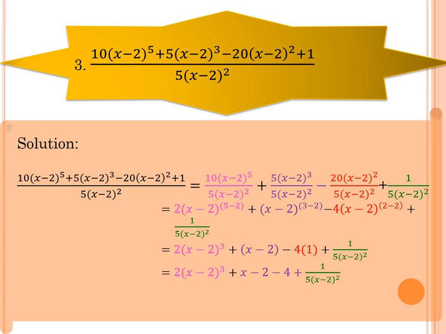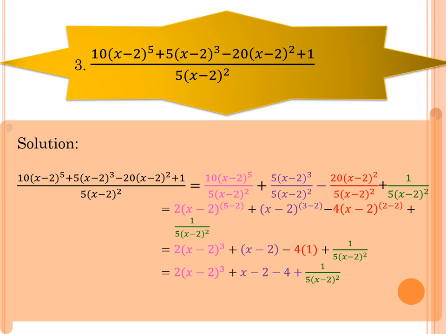For the next step, we're going to simplify this expression. So we will have 2 quantity x minus 2 to the power of 3 plus x minus 2 minus 4 plus the last term 1 over 5 quantity x minus 2 to the power of 2.